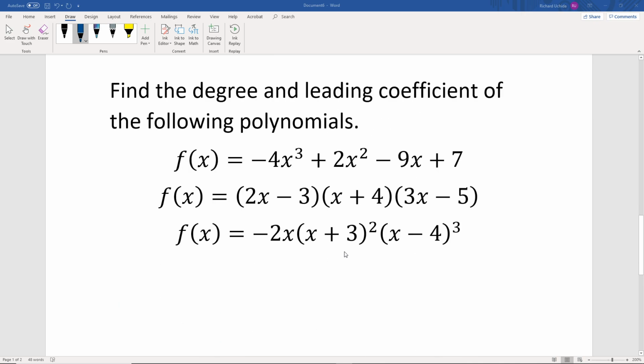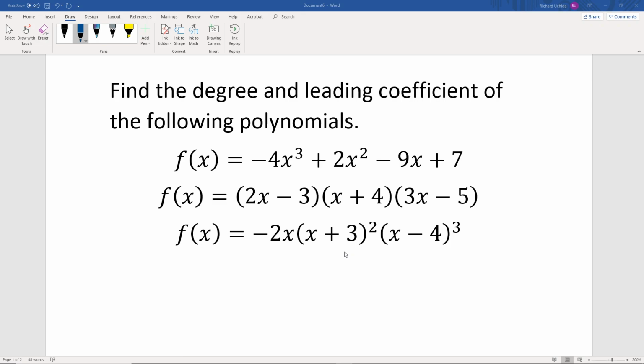So let's say we had these three polynomial functions and you had to find the degree and leading coefficients of the following polynomials. Now the first one is f of x equals negative 4x cubed plus 2x squared minus 9x plus 7. That one's nice because it's all multiplied out.